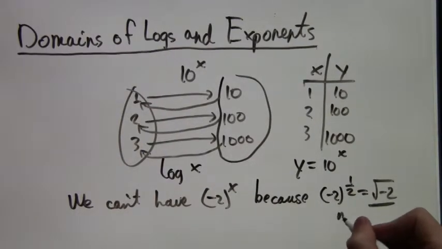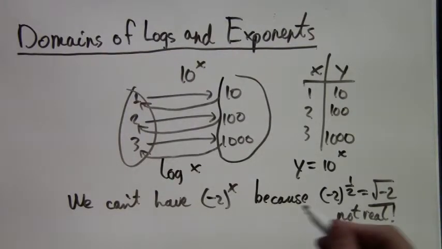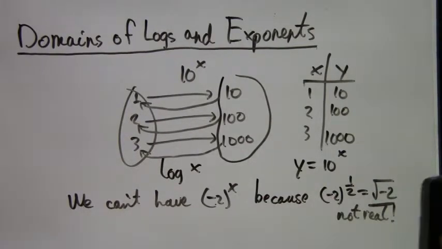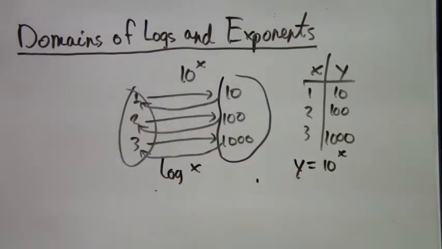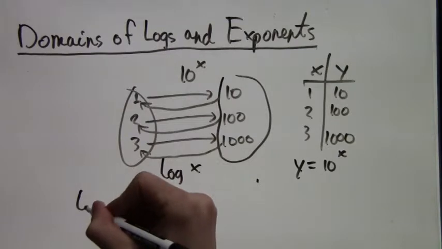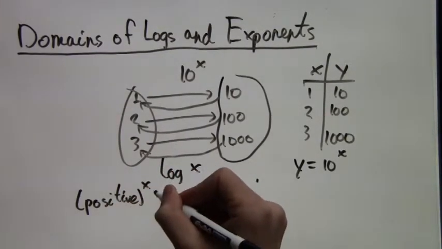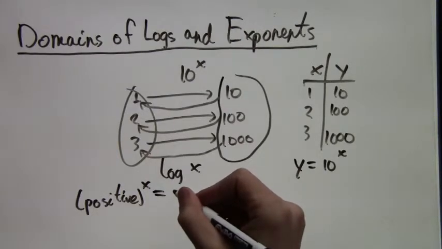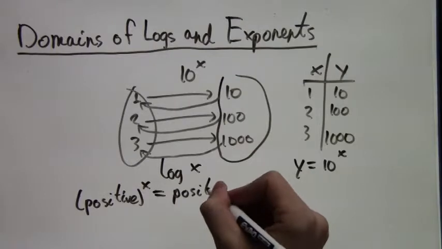Why not negative numbers to the x? Because if you plug in x equals 1/2, then you get the square root of, let's say, -2 in this case. And that's not a real number. And that's not very convenient if you can't plug in x equals 1/2. So we always use a positive base. But if you have a positive base and you take it to any power, you will also get a positive number.